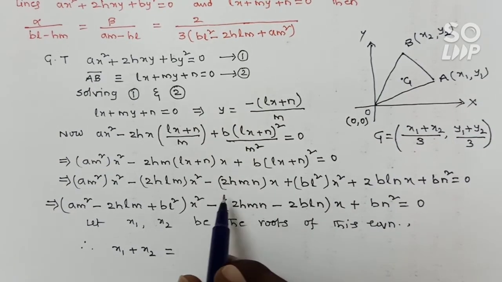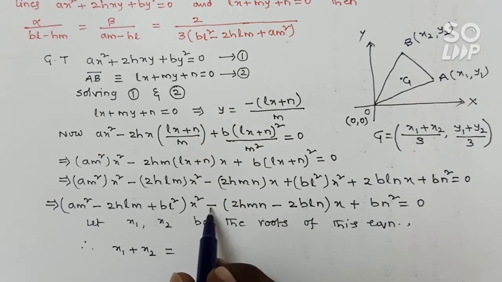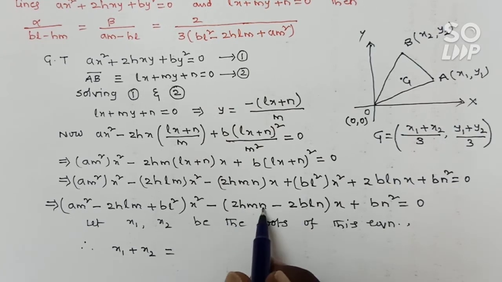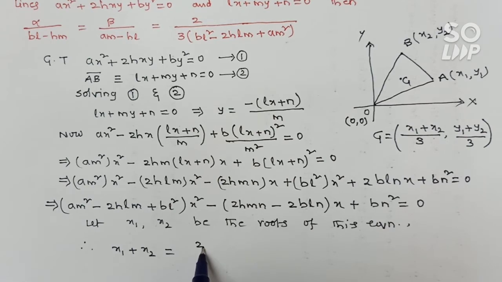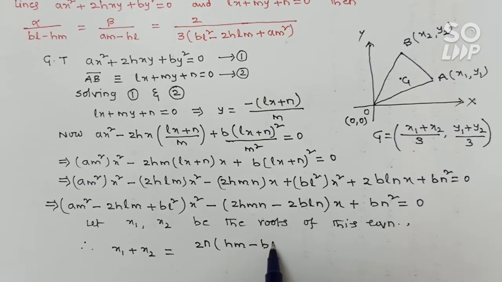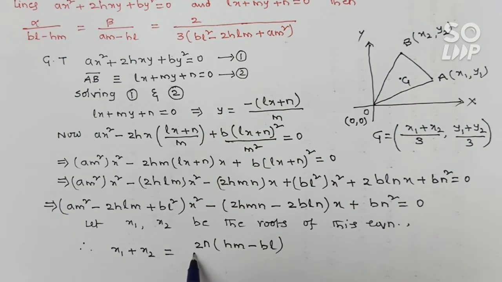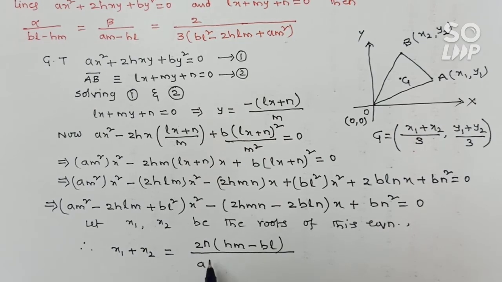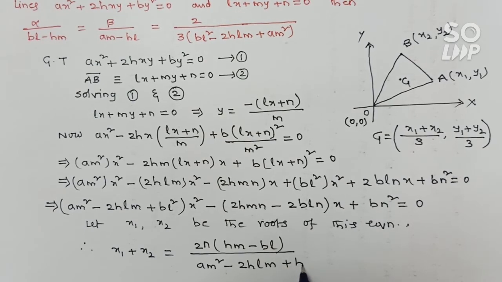Minus of x coefficient by x square coefficient. Here minus into minus is plus. In this we can take 2n as common. So 2n (h m minus b L) whole divided by a m square minus 2h L m plus b L square, where a m square minus 2h L m plus b L square is the x square coefficient.